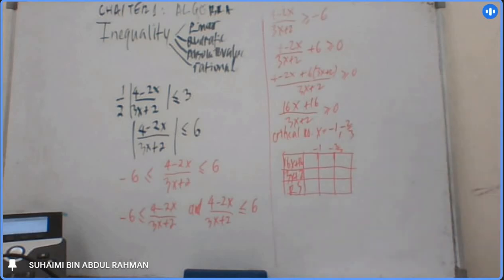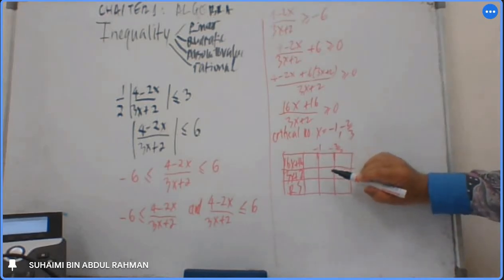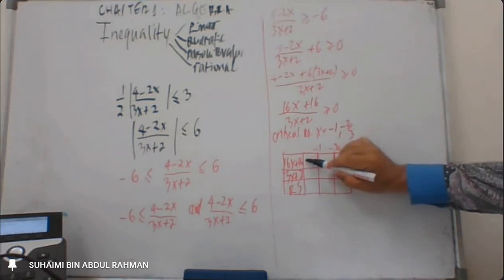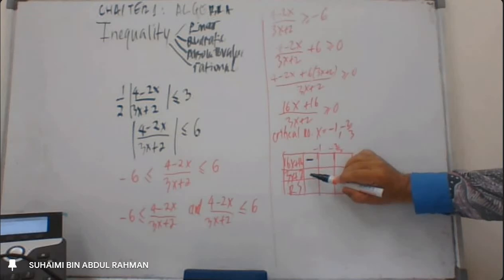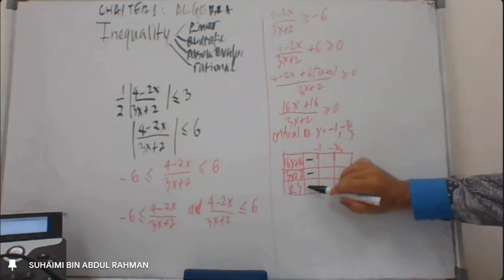Take one value which is less than minus 1. Negative, negative, positive.